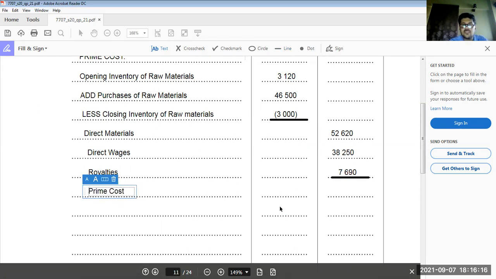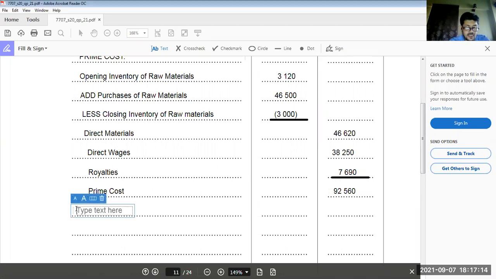So this is our prime cost. We have to add 6,500 minus. Now this is our prime cost.